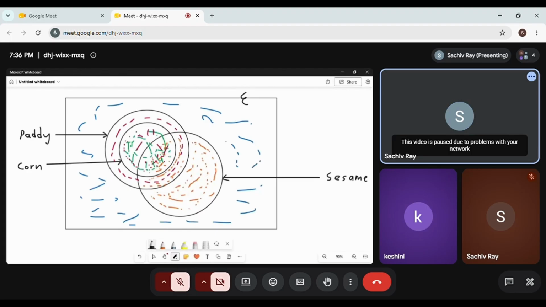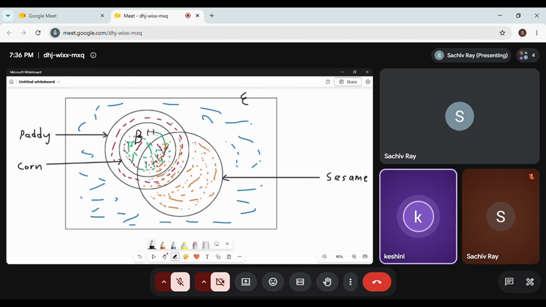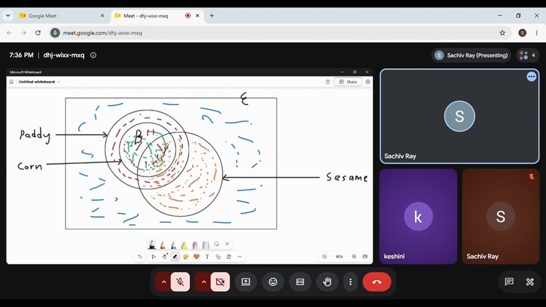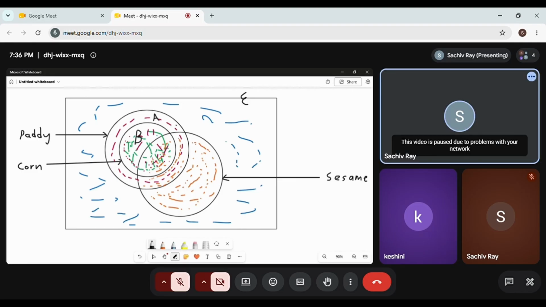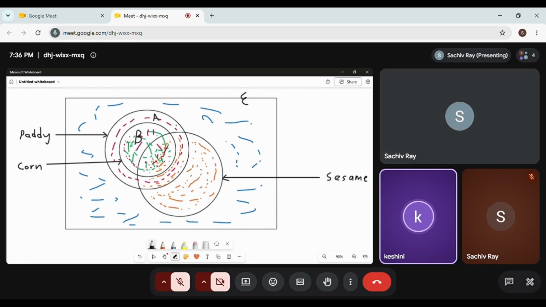That's one down. Where did you mark A? Only in the pink part. Only in this part, right? Okay, what about C? Farmers who cultivate paddy, corn, and sesame. All three. Green, pink, orange.